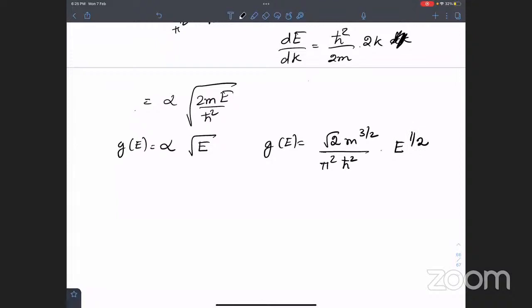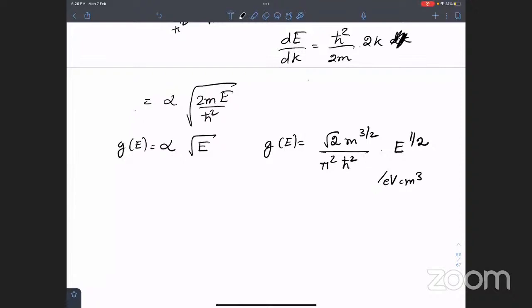And what are the units? States per electron volt per centimeter cube, per unit energy, per unit volume.